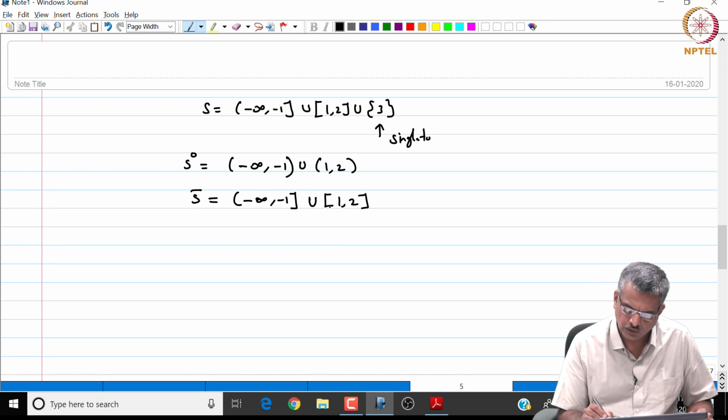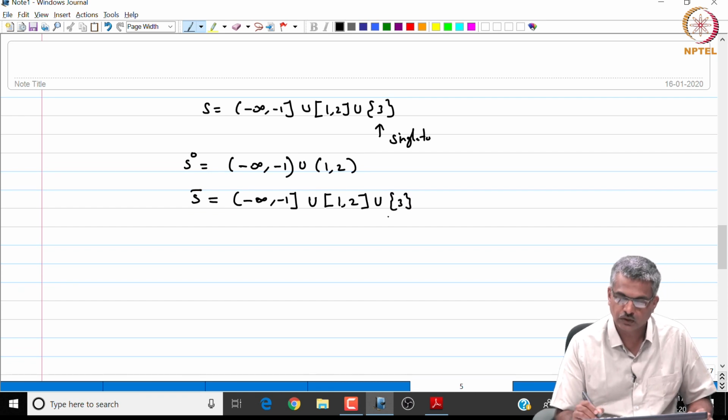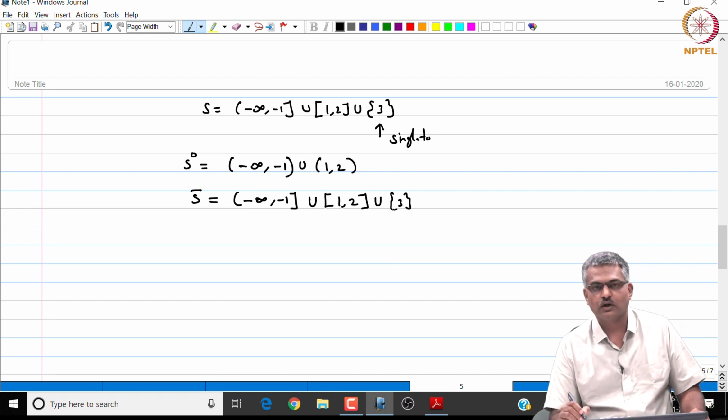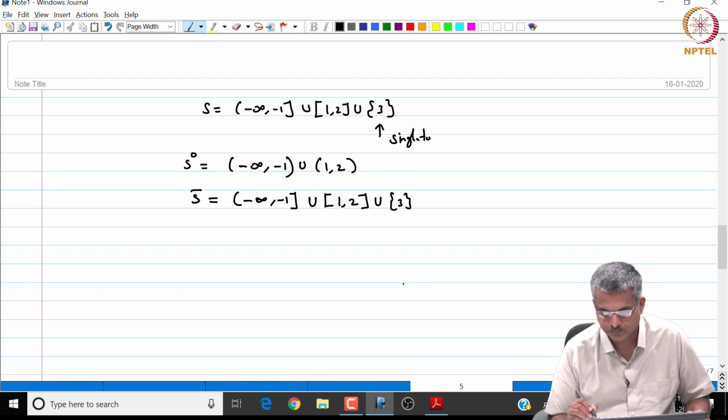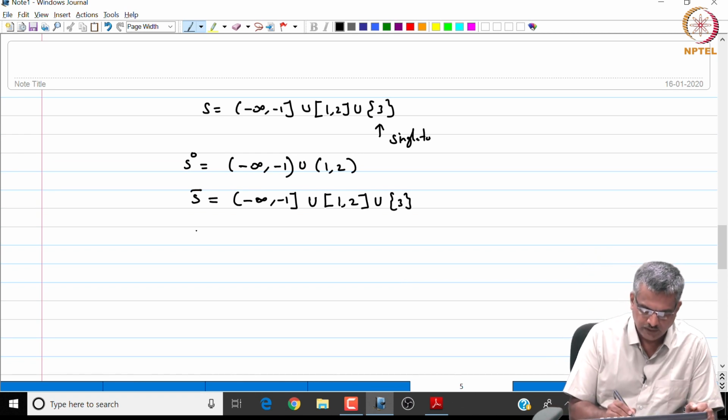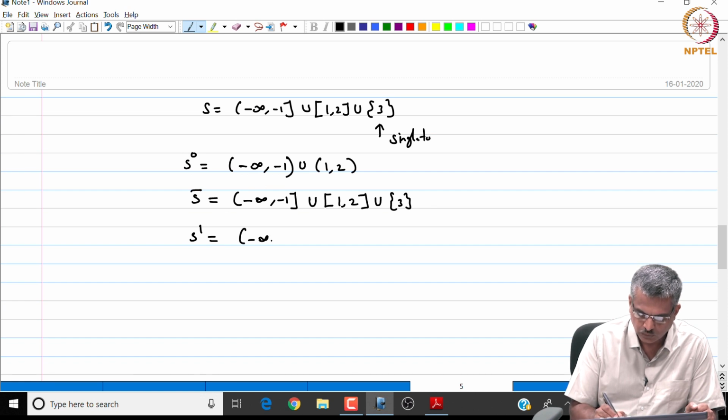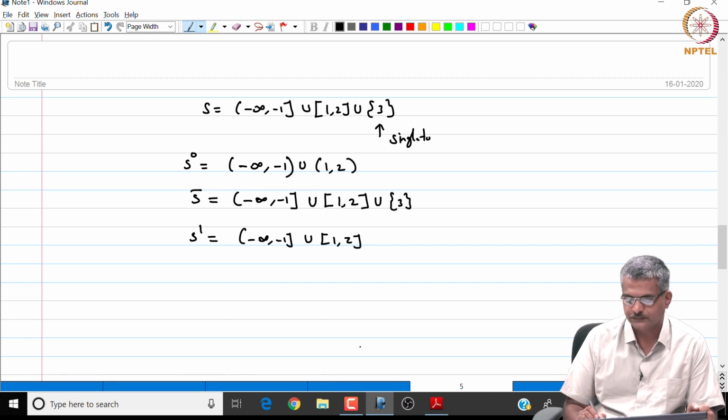So, it will contain all points between 1 and 2, including 1 and 2, and it also includes the singleton 3, because any neighborhood around the singleton 3 obviously contains the number 3. Whereas for the set of limit points, the only change is that it will not include the singleton.